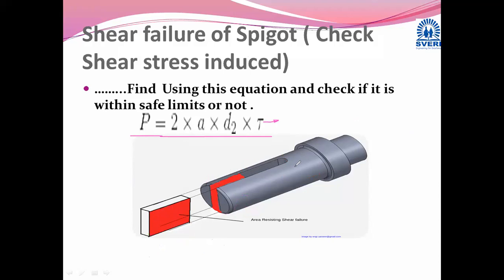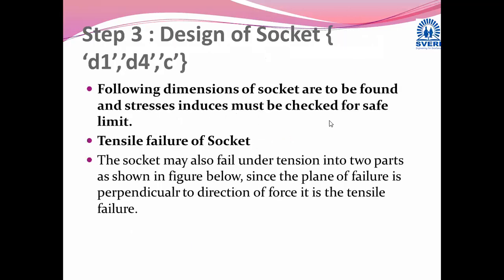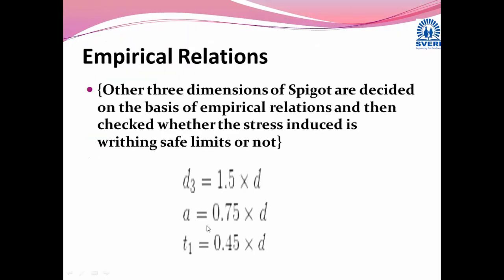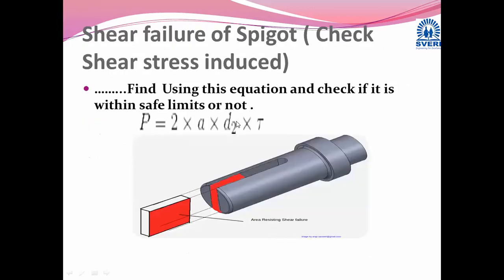So by this means we can calculate dimensions which are required, that is D2 we can calculate, or once you have calculated that D2 from the empirical formulae, then A you can calculate. Or if suppose you have considered, because here if you see the previous slide, in the previous slide we have seen how the empirical formulas can be used. Here A can be calculated, okay, it is 0.75 of D. Then once you decide here the A, then you can calculate D2 here, okay.